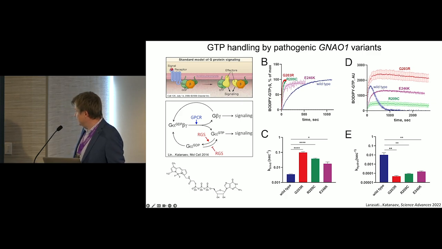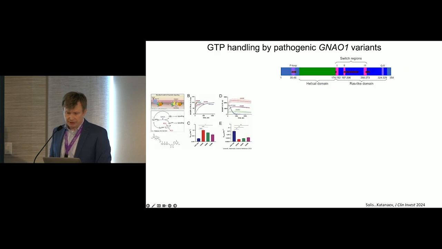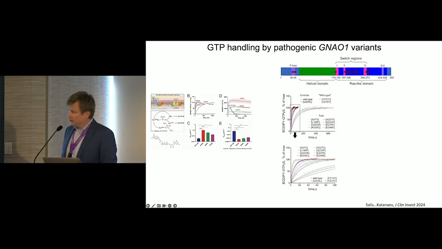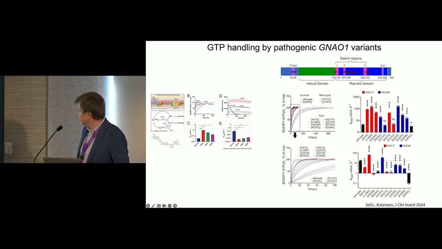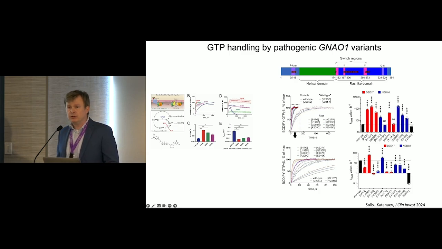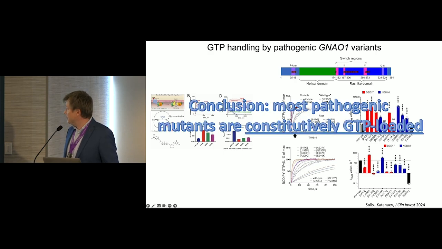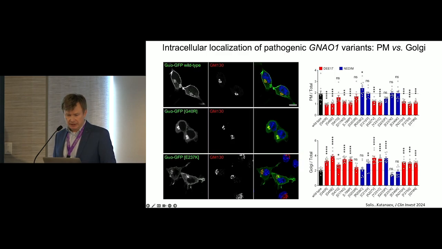And this is the k-hydro reaction rate, which is decreased by about 2 orders of magnitude. We studied a whole bunch of variants, and this is a more or less uniform representation for the severe mutants. They biochemically behave as if they are constitutively GTP bound, because they take GTP up much faster and fail to hydrolyze it.